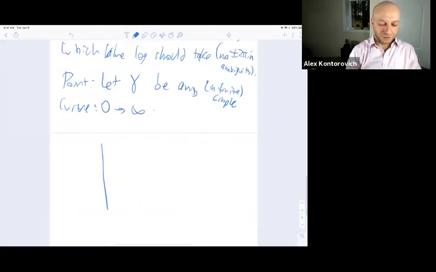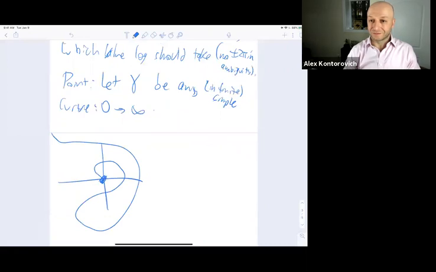So you take 0, you remove 0, and then you go out to infinity however you want. It's simple, it doesn't cross itself. In other words, it's injective.